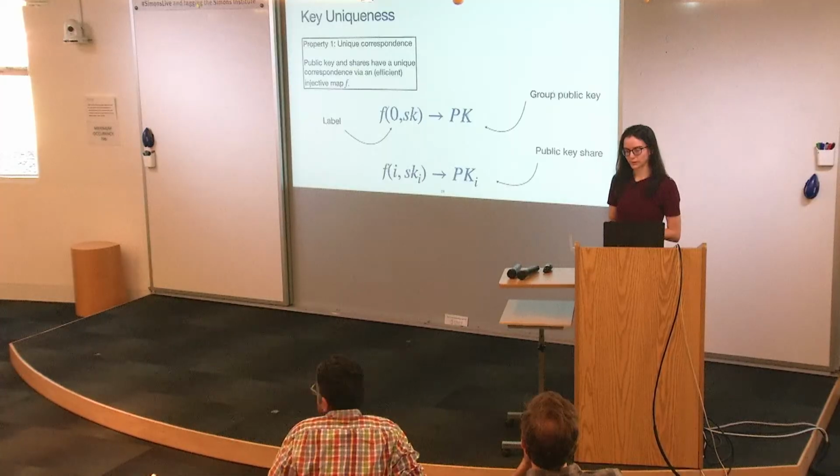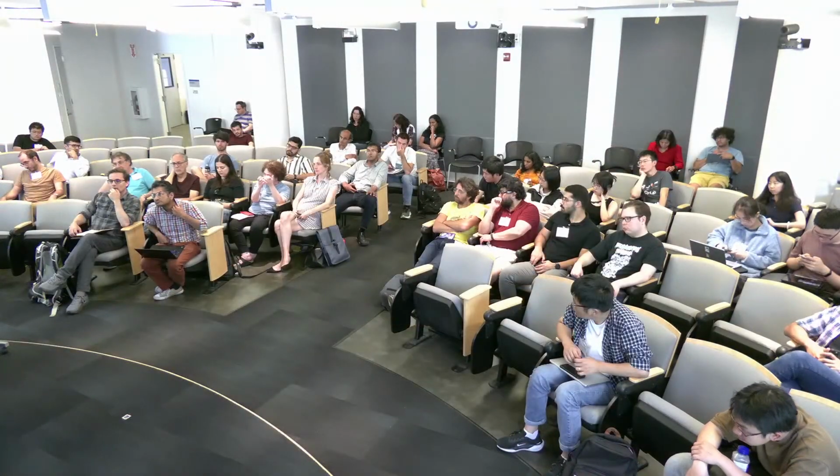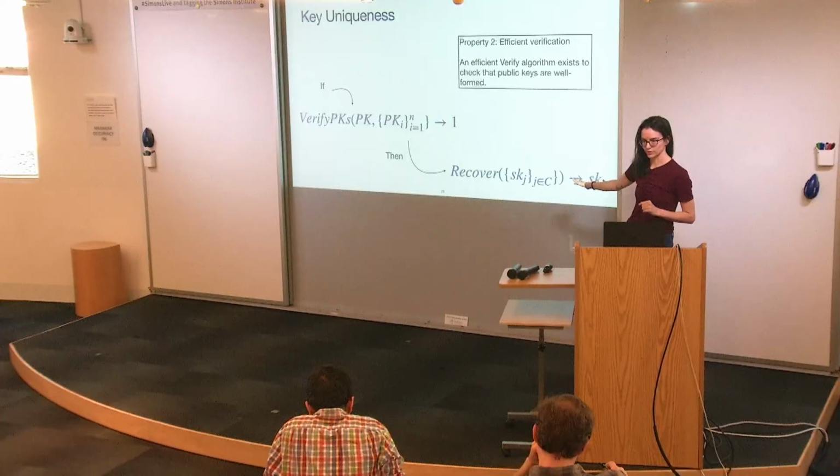Once you've fixed the public key, so there is some key SK, you can have various representations via shares of that key SK. Yes. I'll give some examples of what I mean by key-unique as well. I have three examples. For this, I'm just saying that there's an efficient verification algorithm. If this verify algorithm outputs 1, then you can recover the secret key.